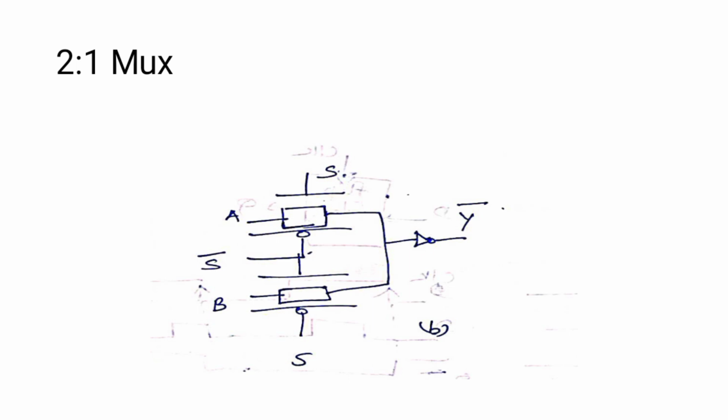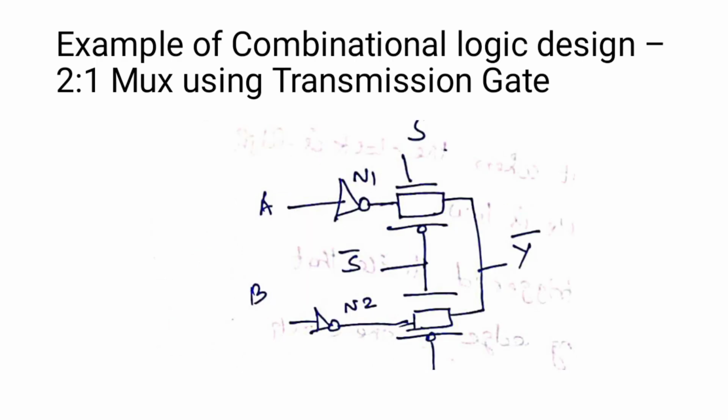Now A passes through the PMOS and goes to the Y output, whereas here S is 0 and S bar is 1 for the lower gate, so both transistors are turned off, and there is no way for B to go to Y. This is how the 2:1 mux circuit works with transmission gates. It is one simple example of combinational logic design.